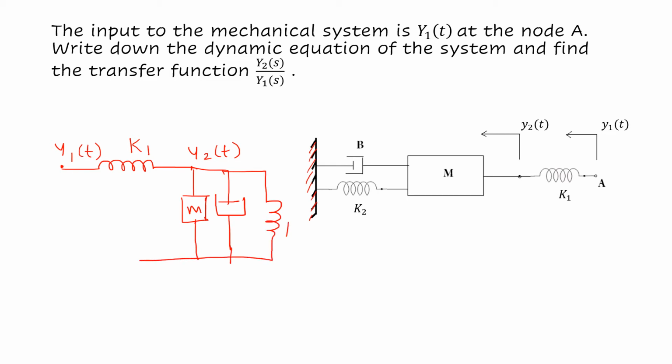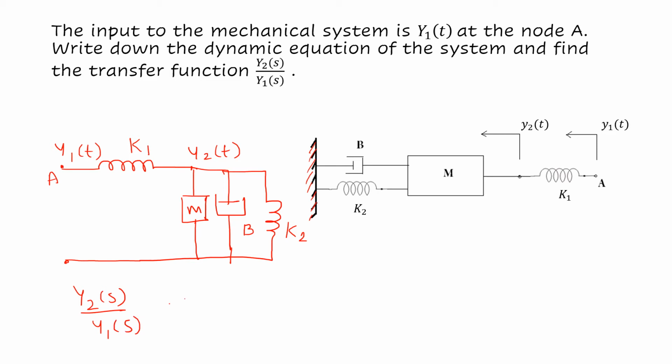So this is K2, this is B, and this is M. This is the static reference frame, and this is nothing but the node A.